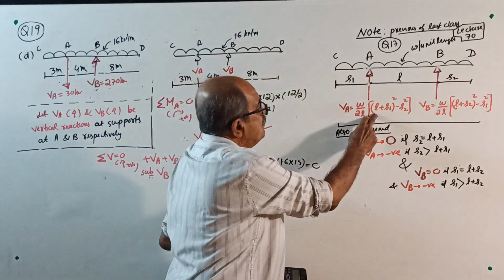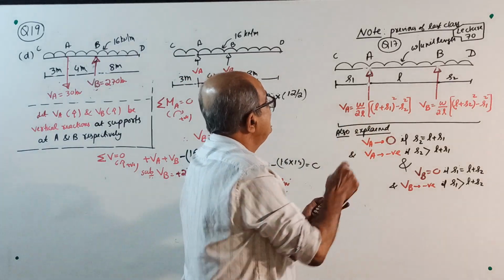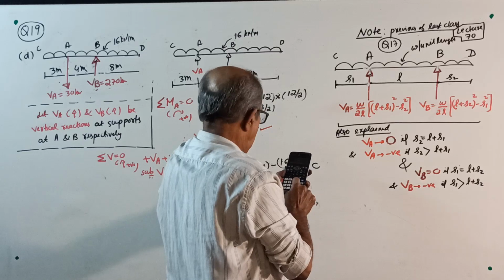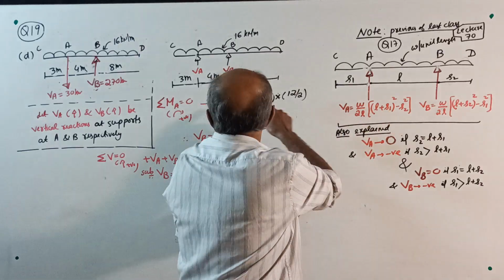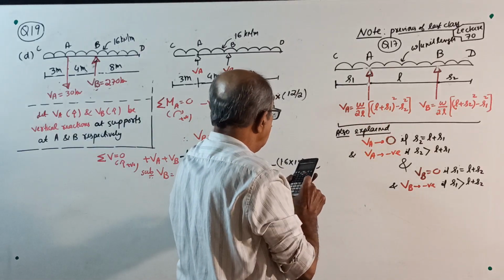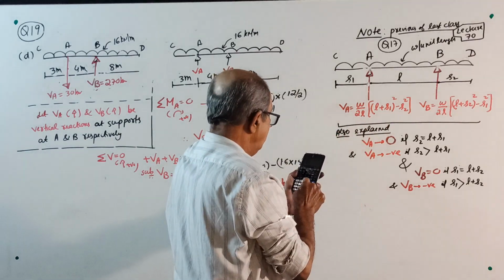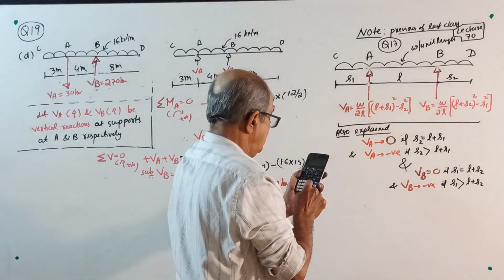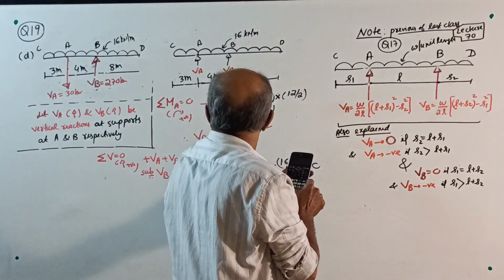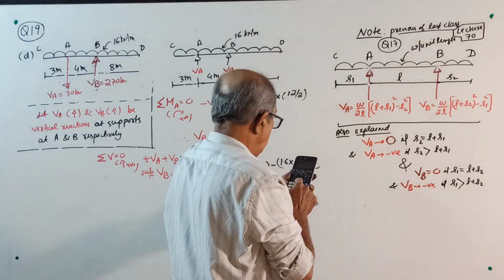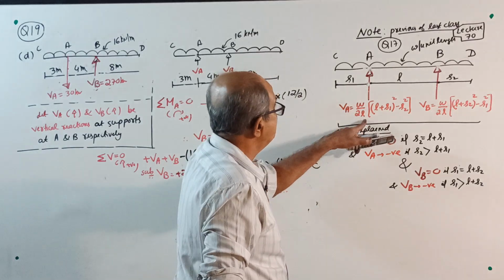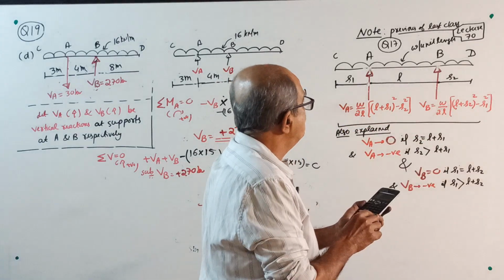Or if you substitute in the formula here, L is 4 plus S1 square, 3 square, 4 plus 3 is 7 square, minus 8 square, into W is 16, divided by 2, divided by 4, will give you minus 30. That answer will come.